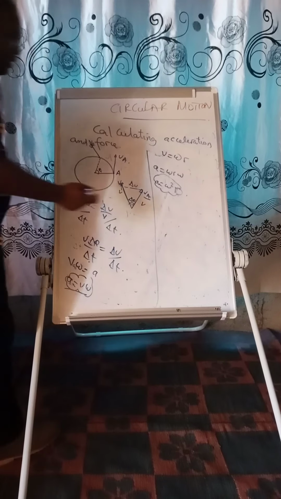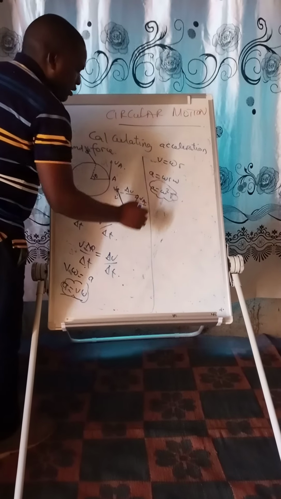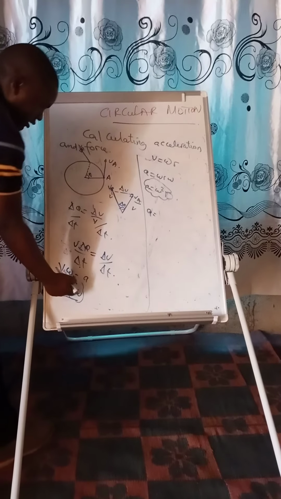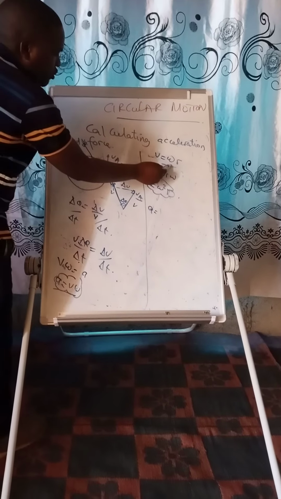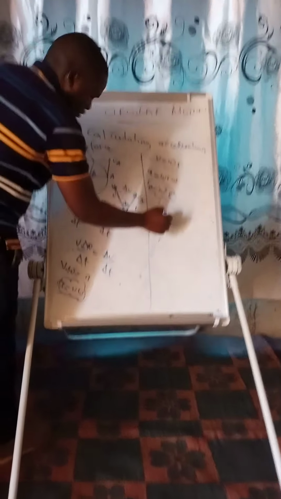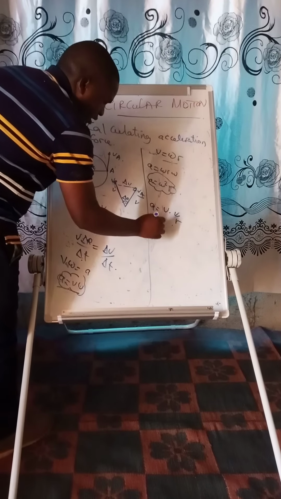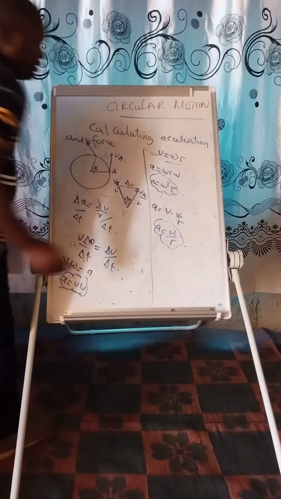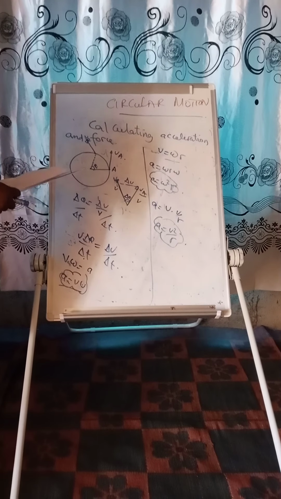Also, we can write our formula by using only v. We can remove omega by using the relation omega equals v over r. So v times omega, which is v over r. So our acceleration will be v squared over r.